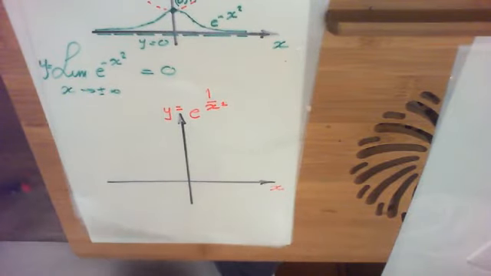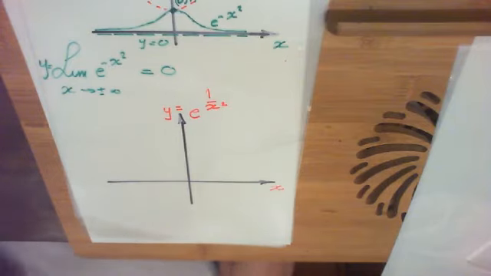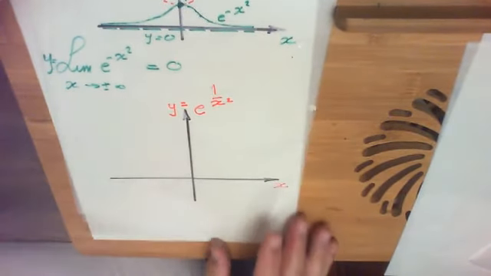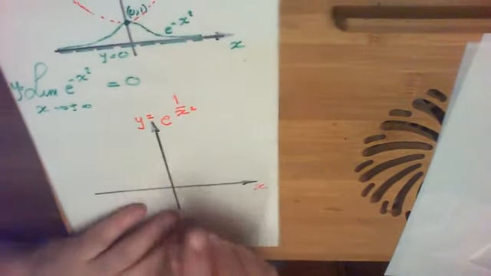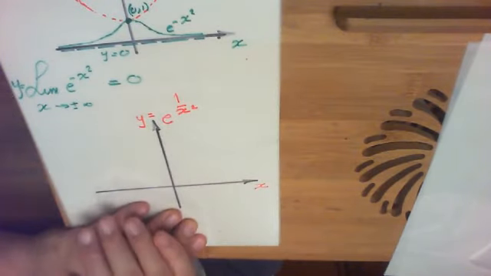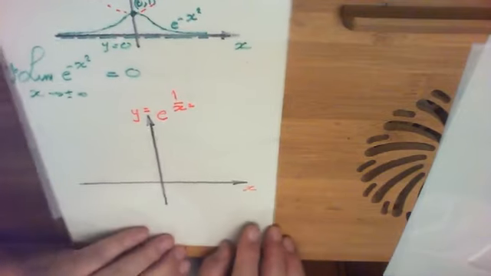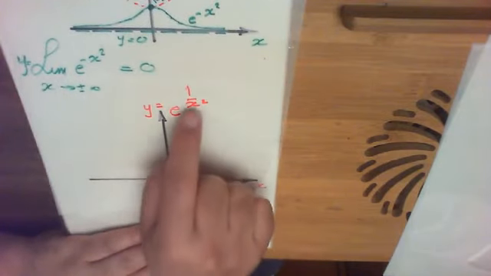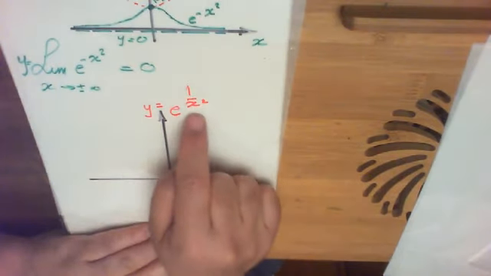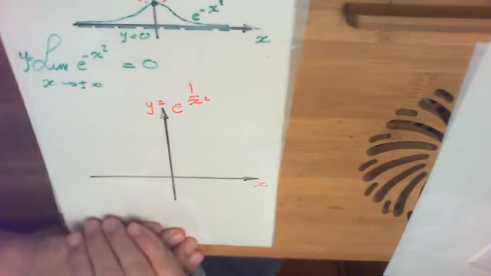We have here a serious situation. What? 1 over x squared. As I told you, we have to take care when we have a denominator, especially when this denominator can be 0. x can be 0 on the y-axis. 1 over 0 is infinity.